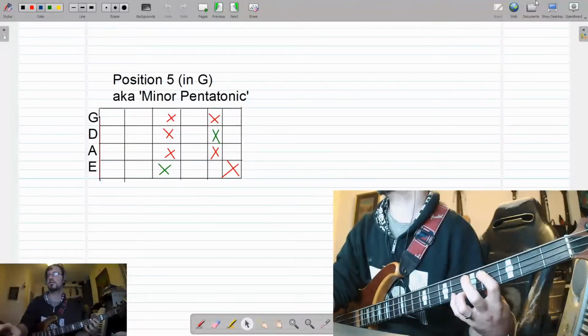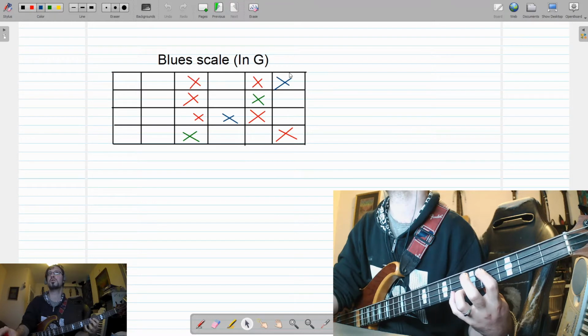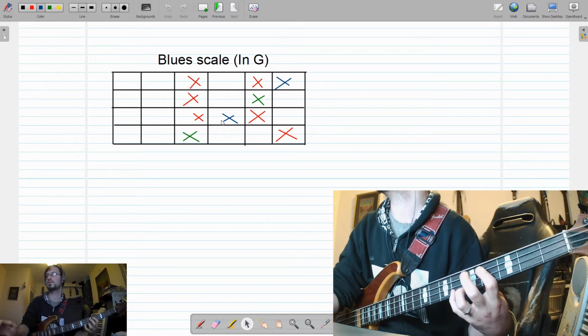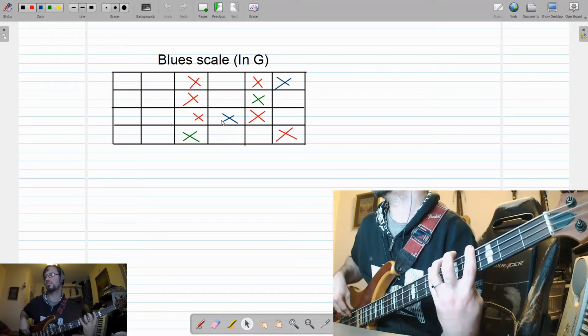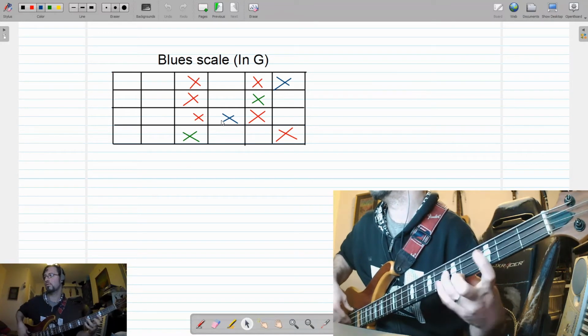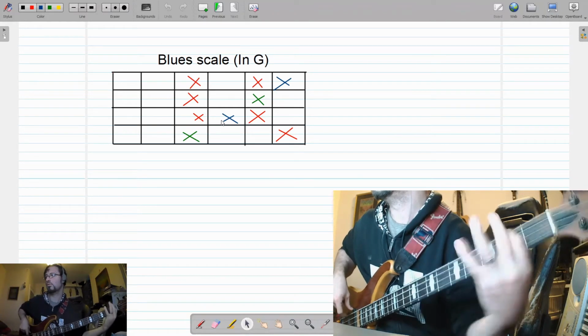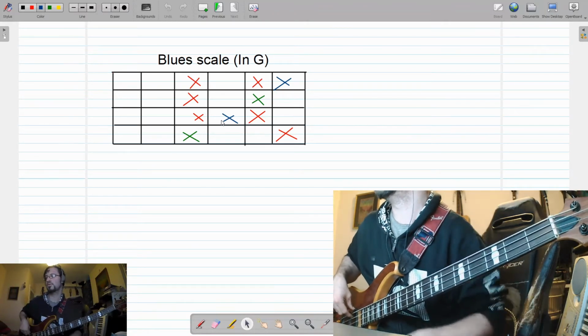And as you can see here, I've included in the blues scale the note in blue. That is your blue note. Now it's usually used as a passing tone, but it makes pretty cool sounds.